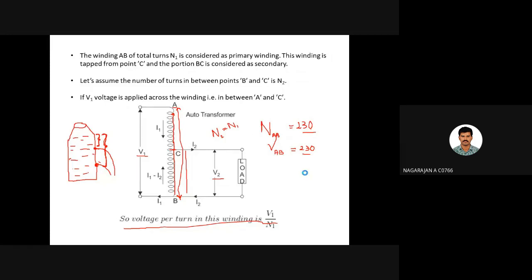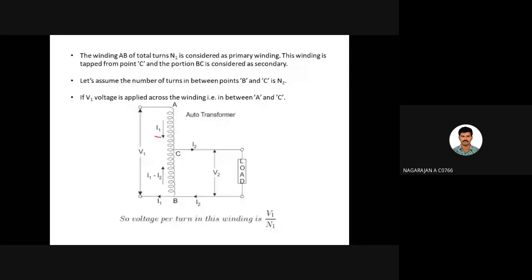I1 is the total current that is passing from the source. For example, let us imagine there is no load connected, the load is kept open. What will be the magnitude of I2? Can anyone answer?